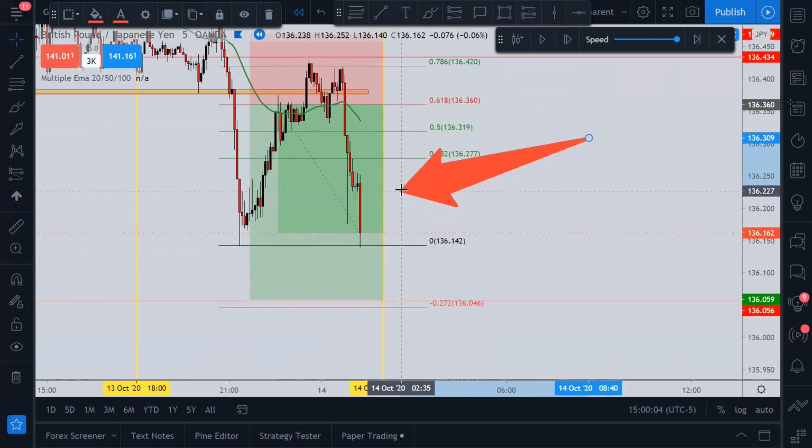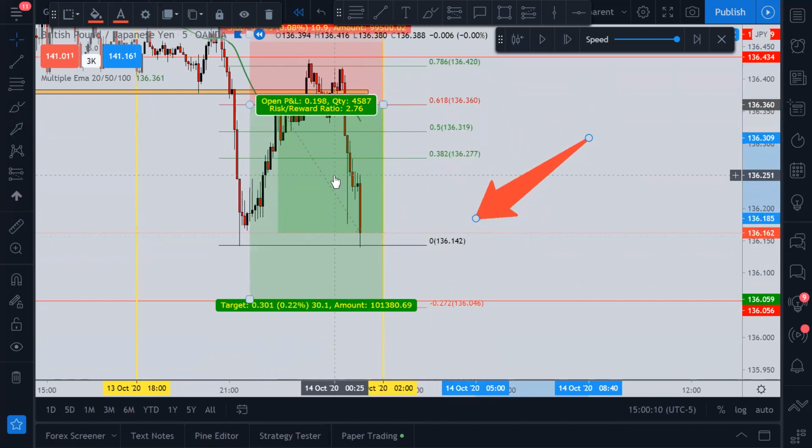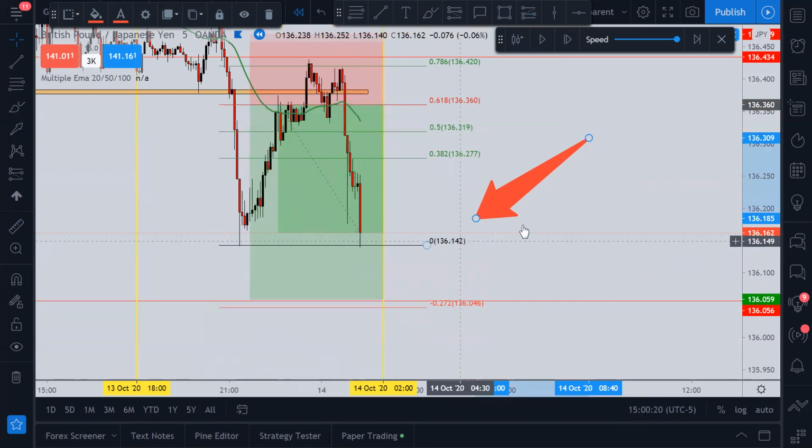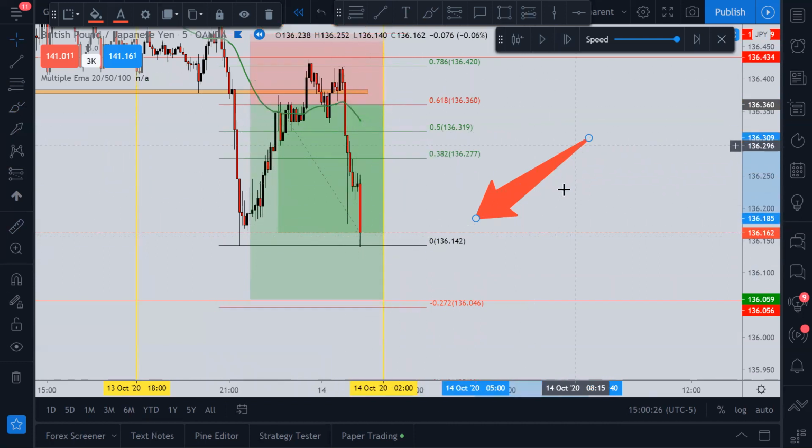Okay. Now, from here to here is a 1-to-2 risk reward ratio. But right now we're working on a 1 to 2.76 ratio. We're adding about three quarters onto this risk reward.